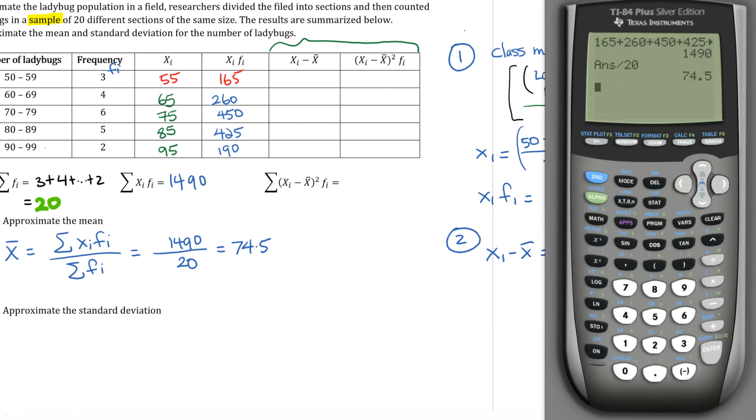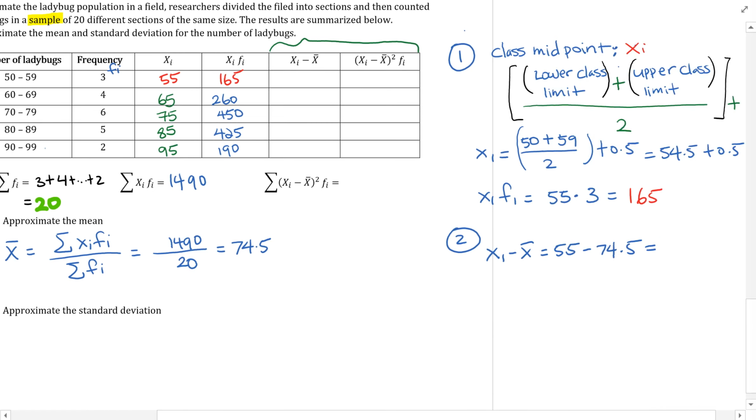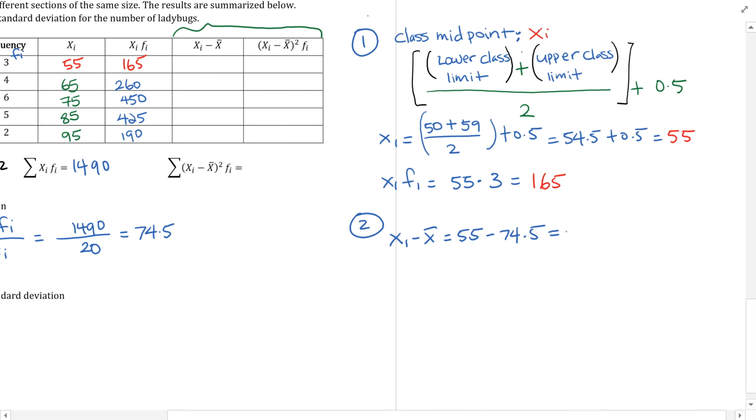You can just take out the calculator and do it. So we have 55 minus 74.5, which is negative 19.5. I write it down, negative 19.5. And that's how I do this column.